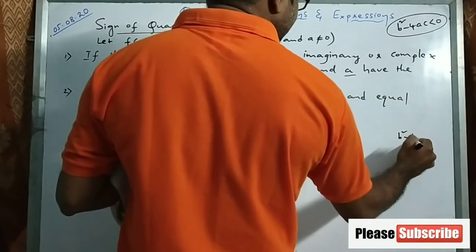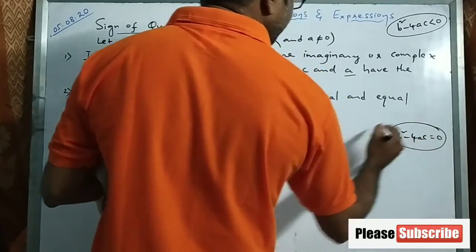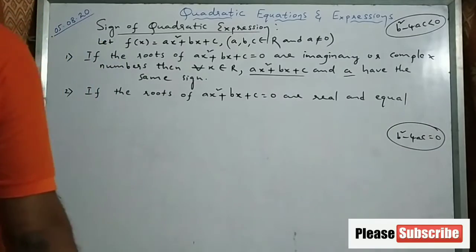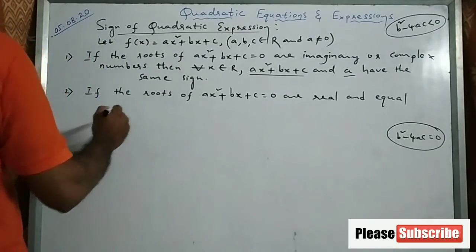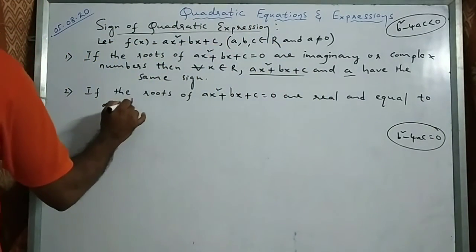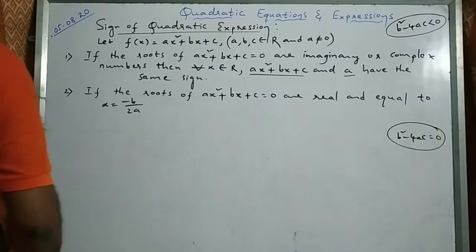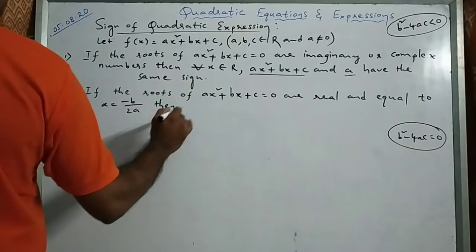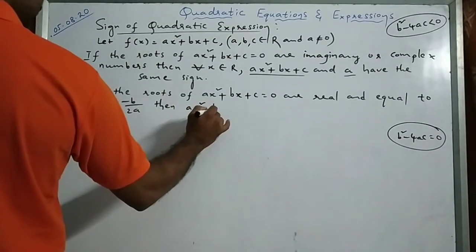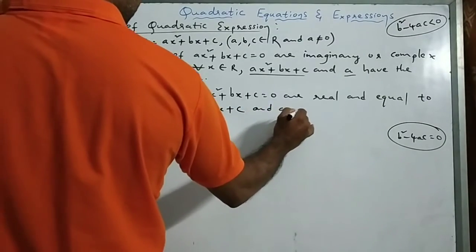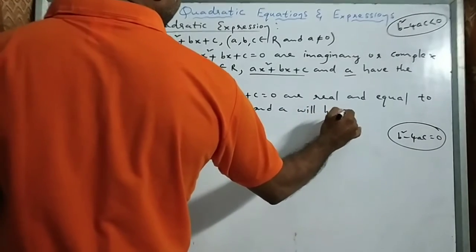If discriminant is equal to 0, and alpha equal to minus b by 2a, then ax square plus bx plus c and a will have same sign.